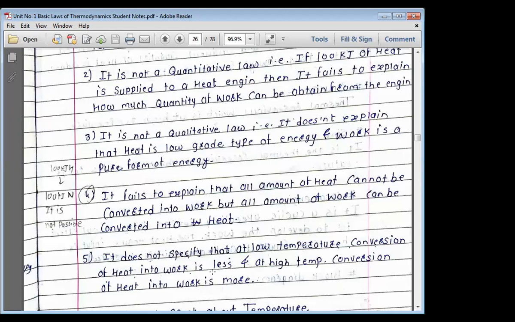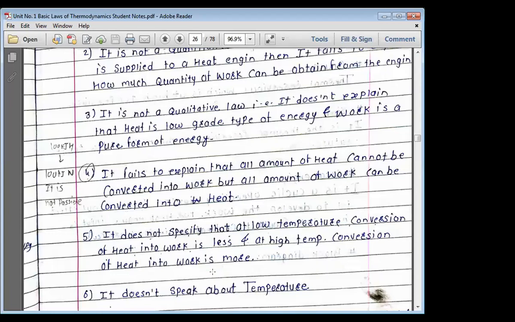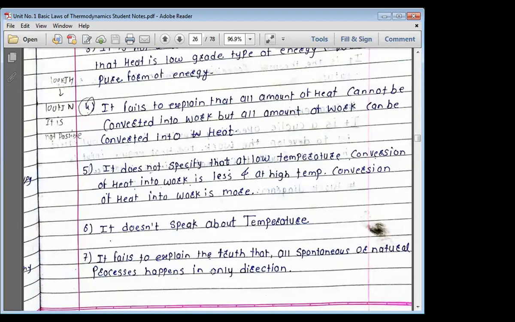So the conversion of heat into work depends on the temperature, which is also not explained by the first law of thermodynamics. Obviously at the time of the first law, the temperature scale was not defined, so it doesn't speak about the temperature anywhere. It speaks about two types of energy, mainly heat and work.